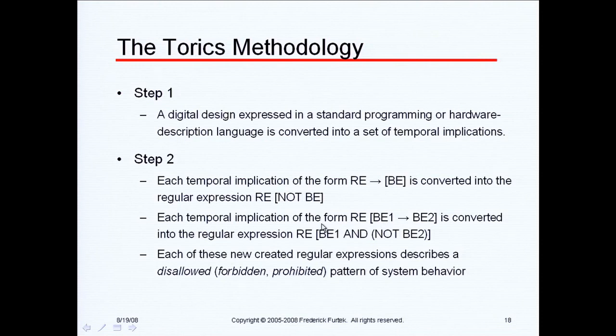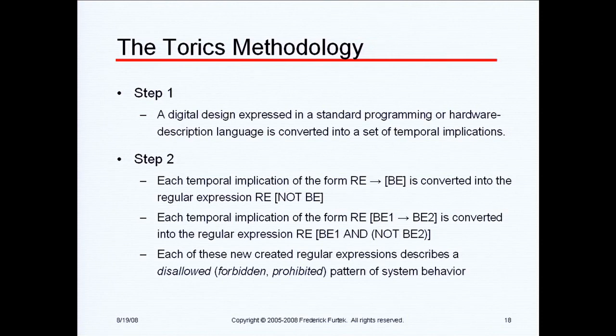And we're going to do the same thing with the other form of regular implications. We're going to convert an implication of this form into a regular expression of this form. This also represents a disallowed or prohibited or forbidden pattern of behavior.